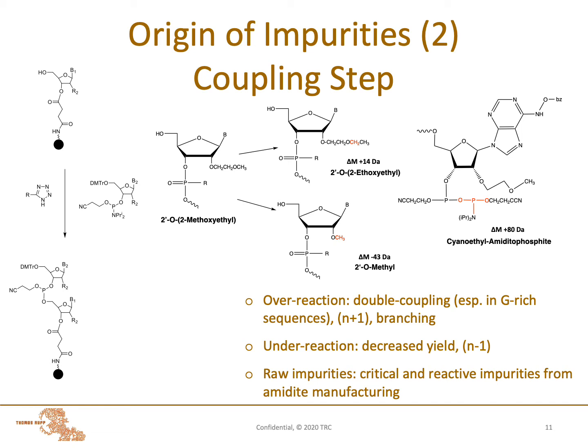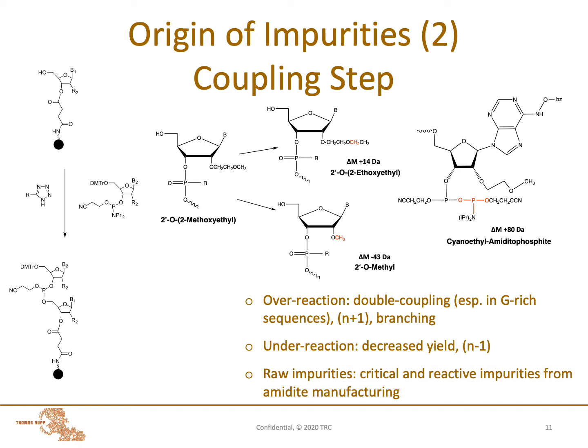During the coupling step, the main impurities that you see are in an overreaction, the double coupling or branching. Under reaction leads to N-1, and most of the impurities that you see here are raw material induced impurities by critical and reactive impurities from the amidite manufacturer.